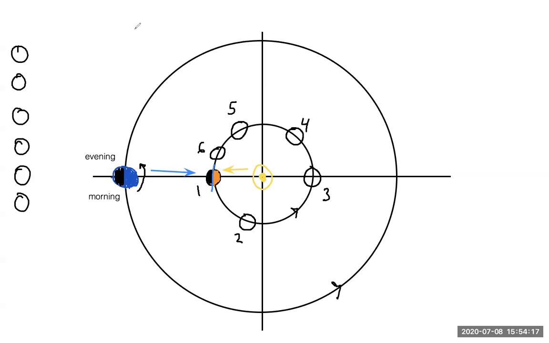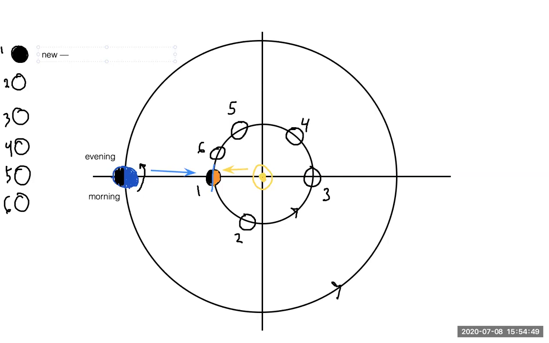Right, so at 1, this entire face, so we'll call this 1, 2, 3, 4, 5, 6. This entire face is going to be dark. So this phase is new. And we learned last time that this is called a conjunction.